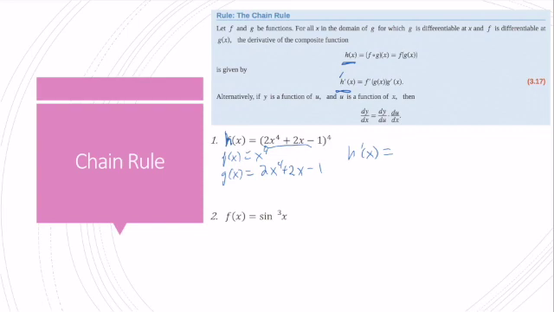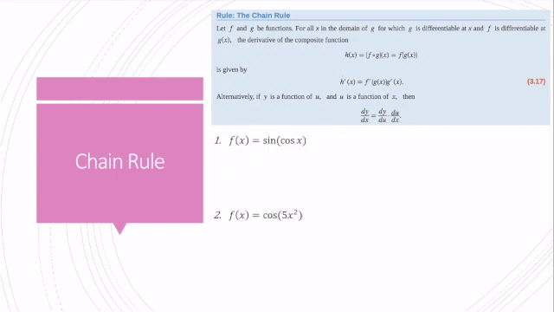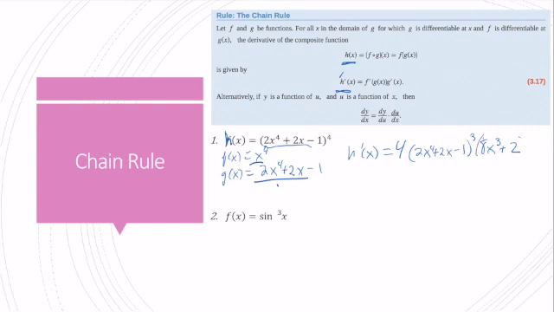So I've got h prime of x, which is going to be the derivative of this, so 4 times g of x cubed. And then the derivative of this, which is going to be 8x cubed plus 2. So that's how we use the chain rule.